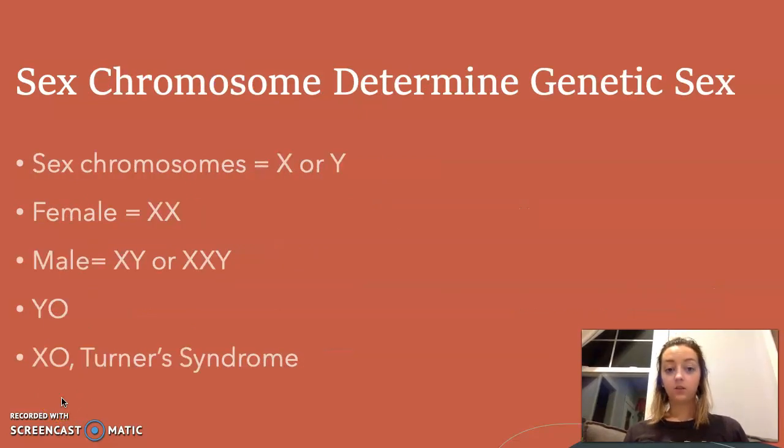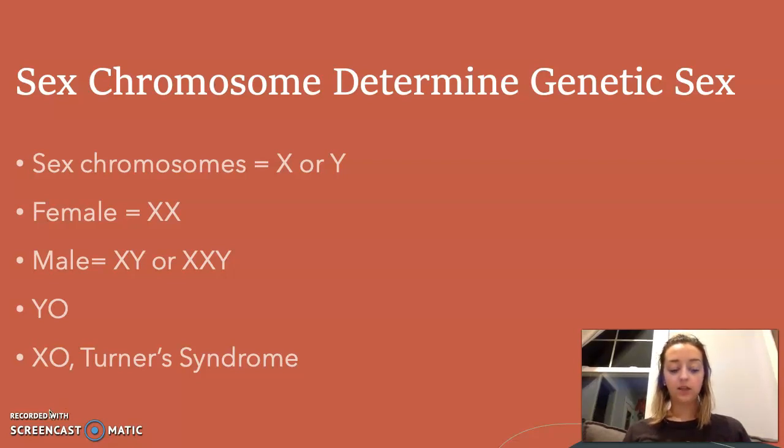Now we're going to talk about sex chromosomes and how they determine genetic sex. The sex chromosomes consist of X and Y. A female parent has two X chromosomes, and a male parent has an X and a Y chromosome.